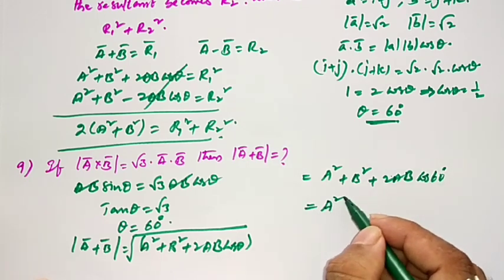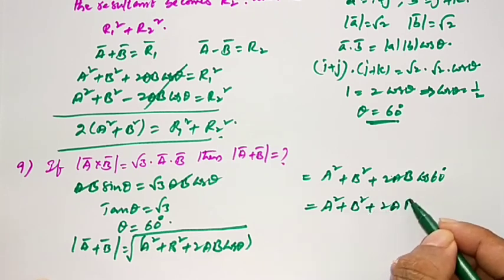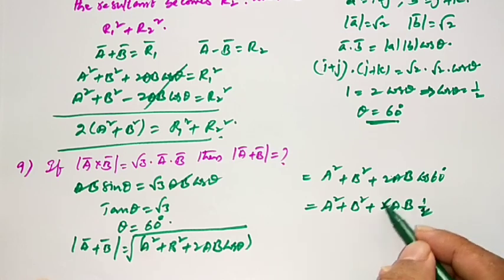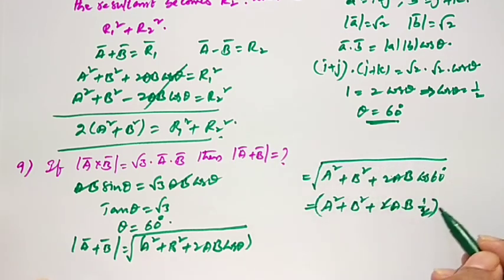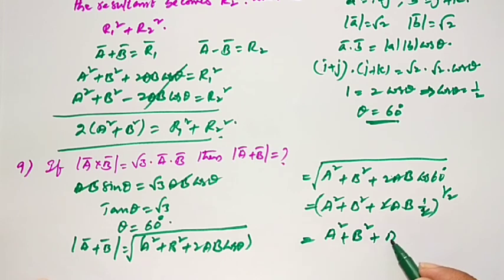Cos 60 is how much? 1 by 2. Okay, let's cancel. Here root is there, so I'll write this as power 1 by 2. Then what is the answer? A square plus B square plus AB, whole to the power 1 by 2. Very simple. In this way you can solve the problems.